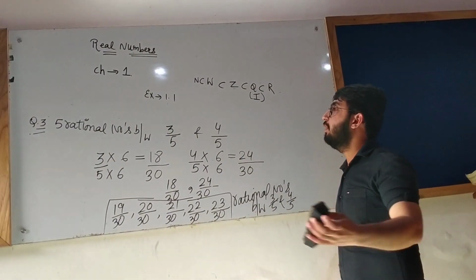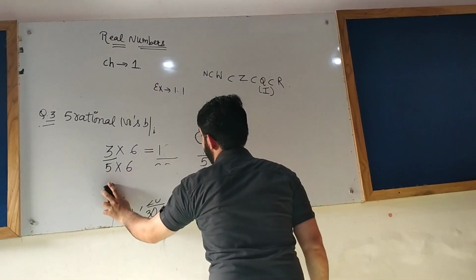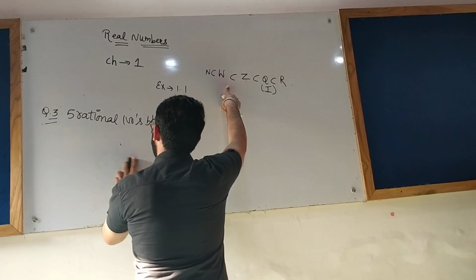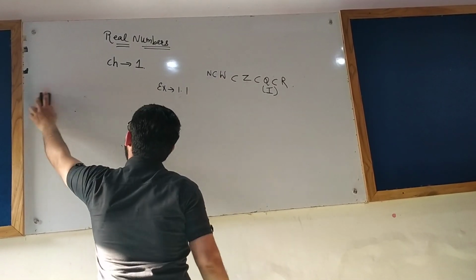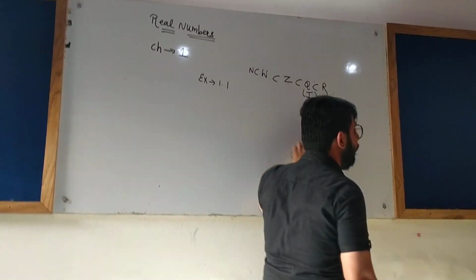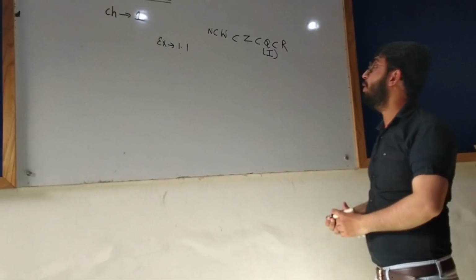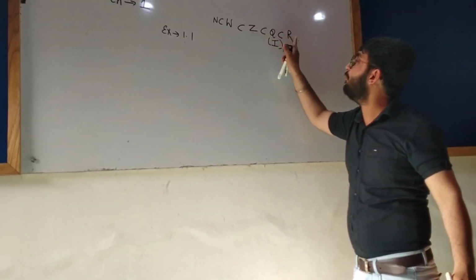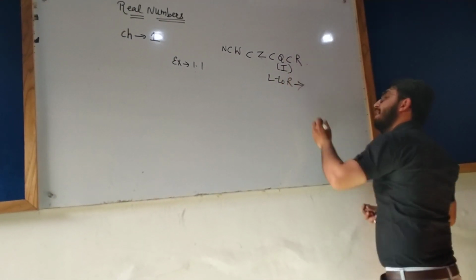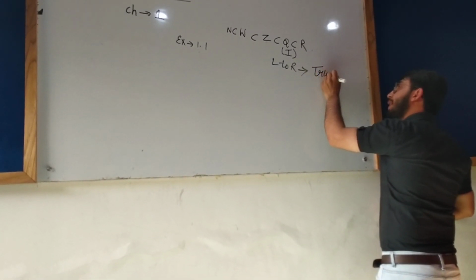Okay, now let's proceed towards question number 4 of exercise 1.1. Let us recall again that N is a subset of W, W is a subset of Z, Z is a subset of Q, Q is a subset of R. I told you in my last video, if you move in this sequence from left to right, the answer will be true.